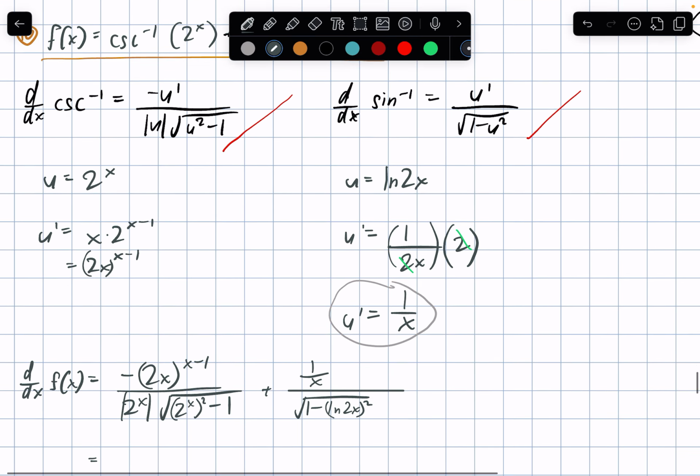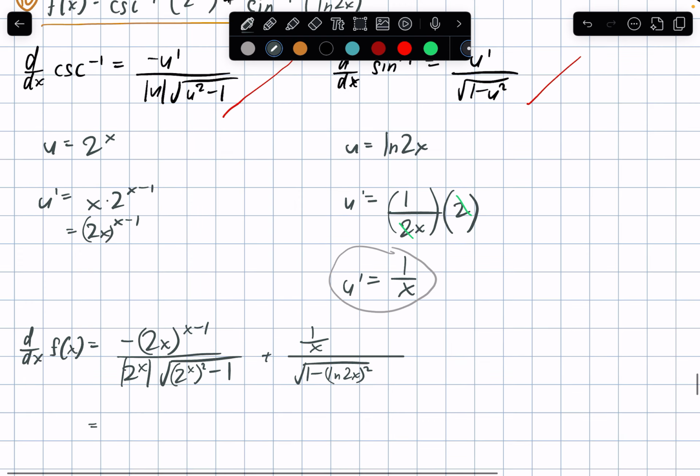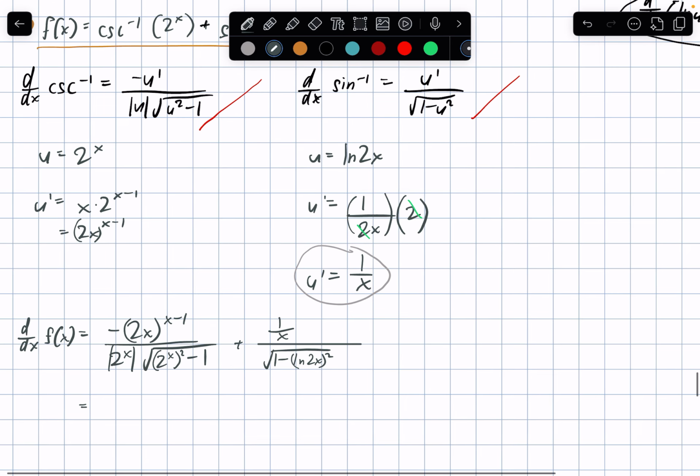Okay, what do we have for number 10? I believe we just have to simplify. I don't think we'll be able to answer this correctly, but our answer is pretty close. This 1 over x in the numerator could be written as this.